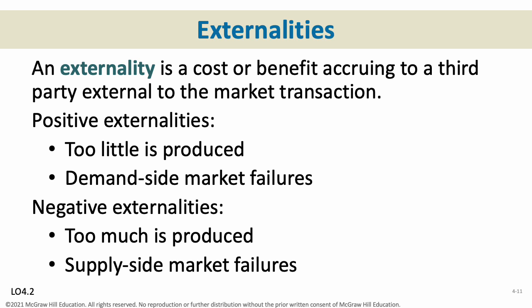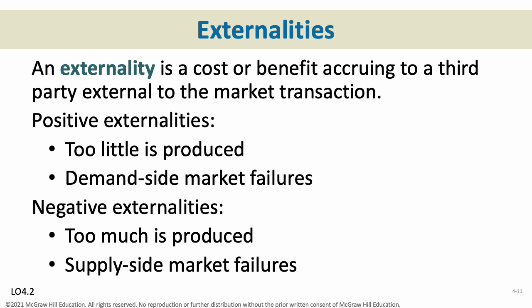Now, the opposite would be something with a negative externality. And with a negative externality, we would argue too much is produced. So depending on what the product is, you could argue that the proper amount in society is none or a reduced amount. And what that generally means is the actual cost of making this product is less than what it costs society. The producer of this product is not paying the full cost to society, and we have too much of it.